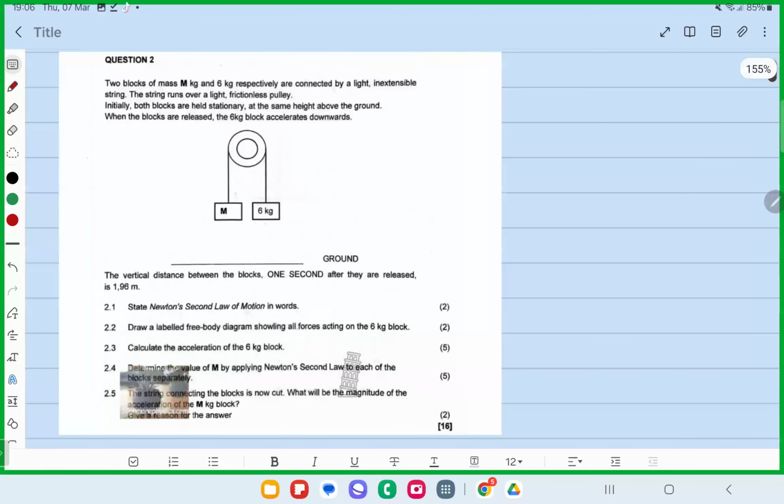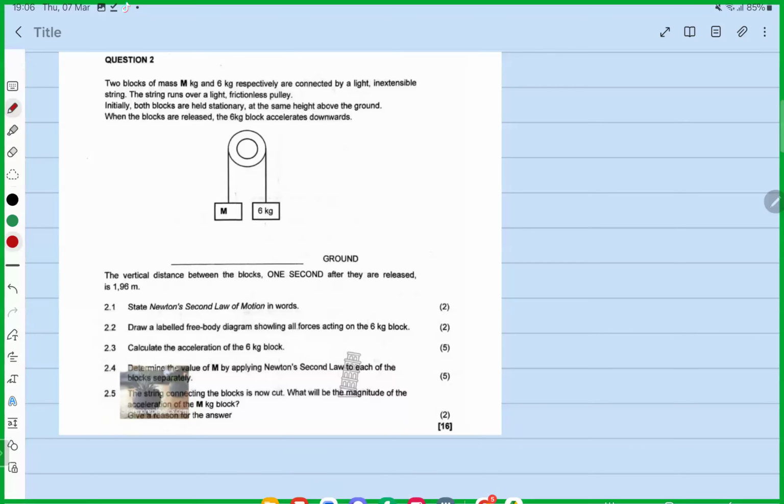Two blocks, M and 6 kilograms respectively, are connected by a light inextensible string. The string runs over a pulley. Initially, both blocks are held stationary, so the initial velocity of both blocks is 0, at the same height above the ground.